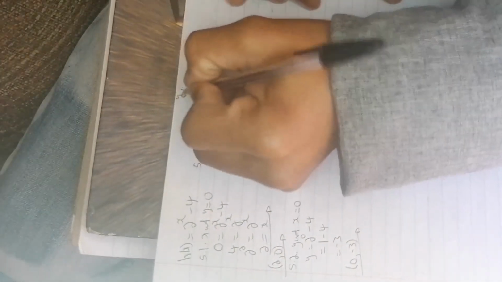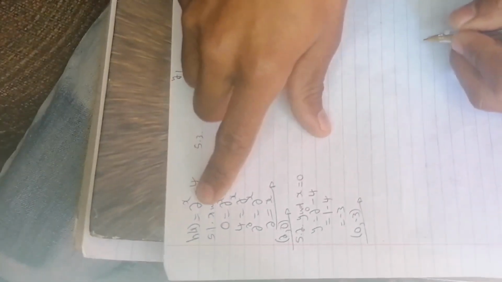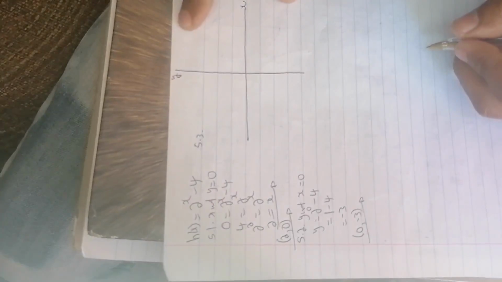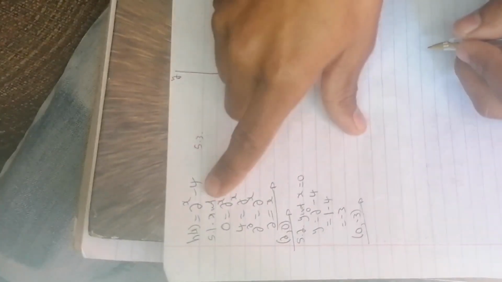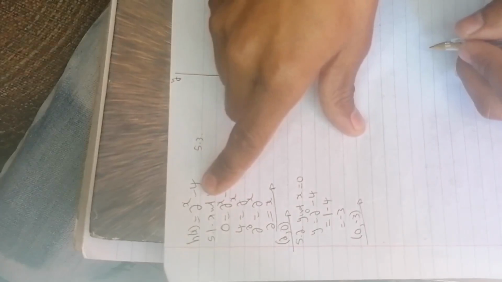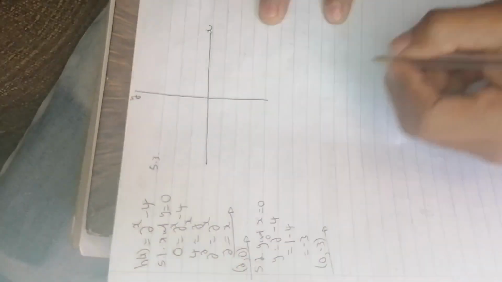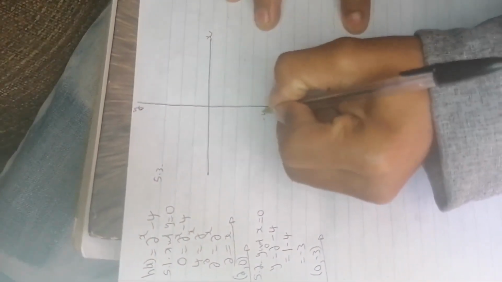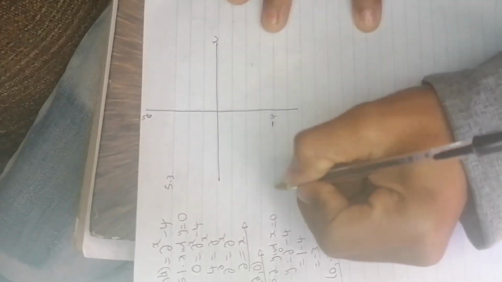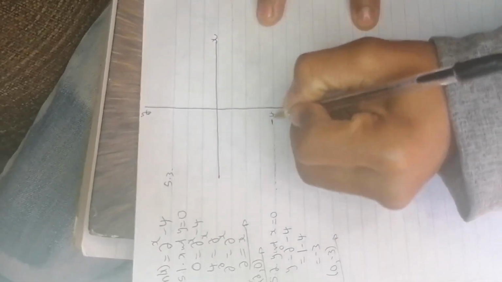This is my x, this is my y. Since the base is positive and the exponent is positive, it will move from the first quadrant to the second quadrant. But I have an asymptote, and my asymptote is y equals minus 4. So I'm just roughly going to put here my minus 4. That is your asymptote.